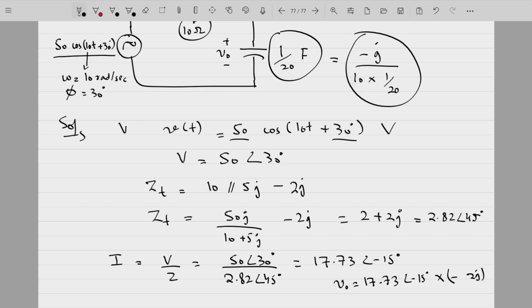Angle minus 15 into minus 2J. Upon solving, this comes out to be minus 9.17 minus 34.25J. ठीक है.